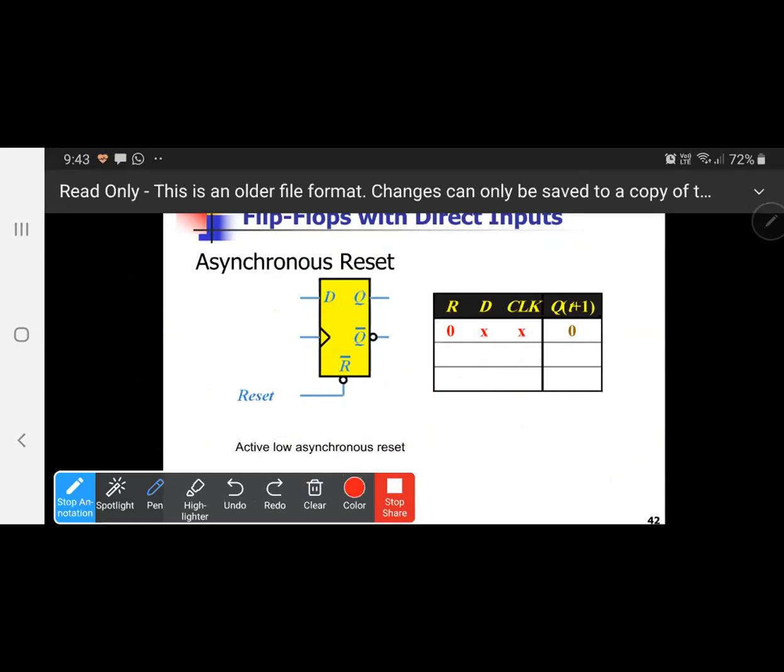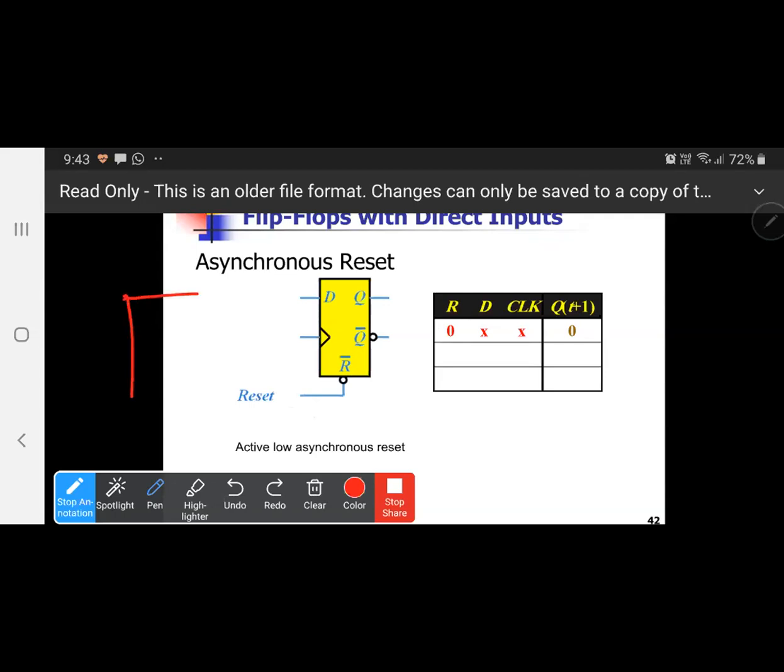Now you can see here R bar, reset bar. If you draw the truth table, I think this one will be difficult for you.